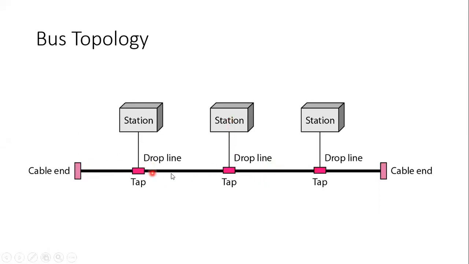The message cannot travel from this station to that station. So we have to replace the entire cable and then reconnect it. That is one of the major difficulties for implementing the bus topology.